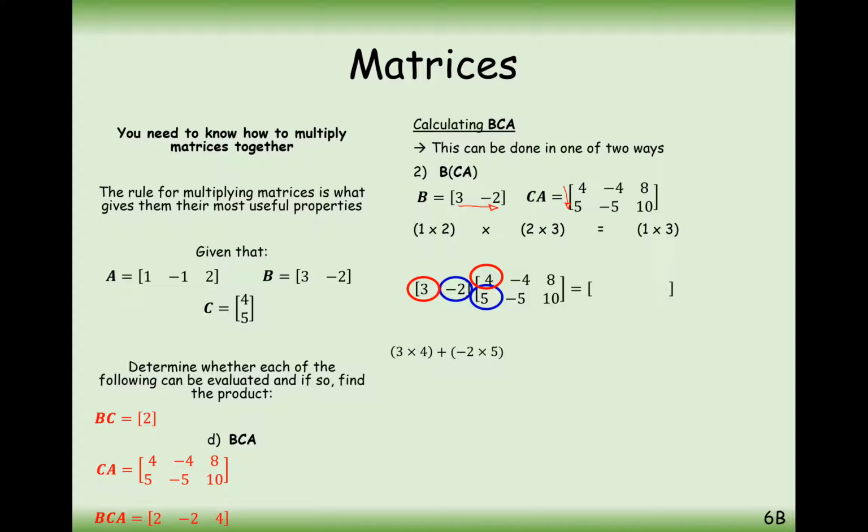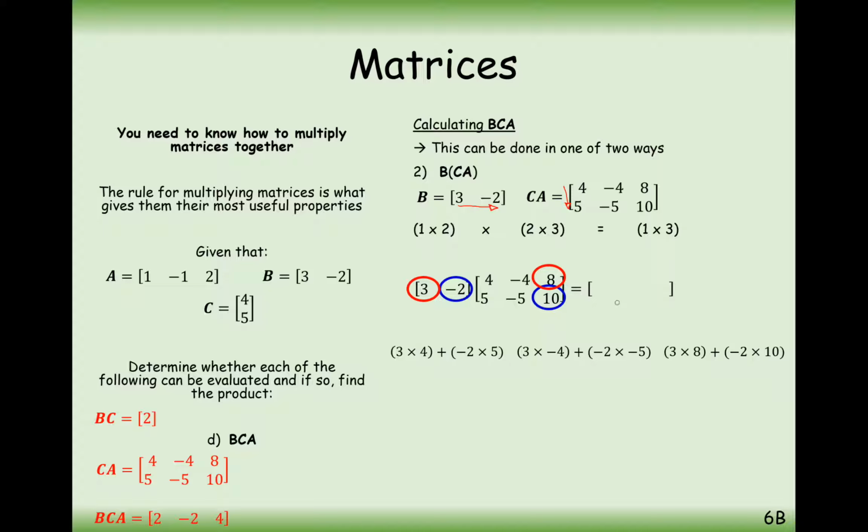To get the middle value, we need to go to the middle column in the second matrix. So it's now 3 times minus 4, add minus 2 times 5. And for the right-hand cell, we're going to go to the right-hand column on the second matrix, 3 times 8, add minus 2 times 10. And that will give us our 3 answers.